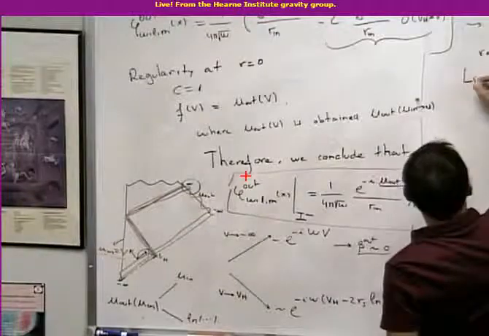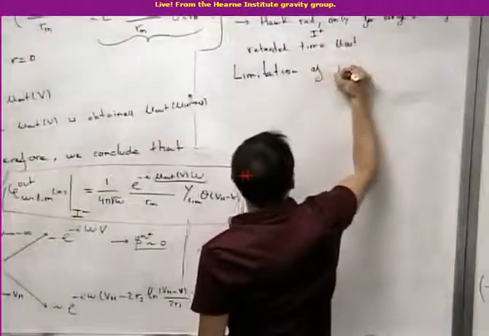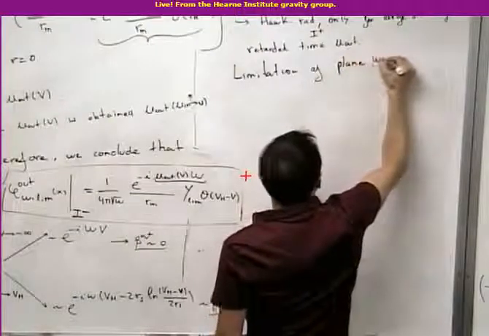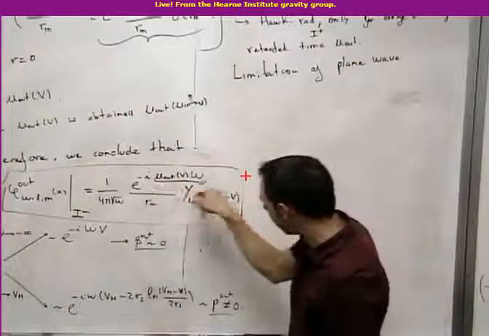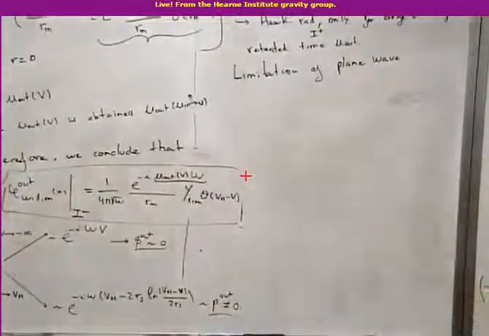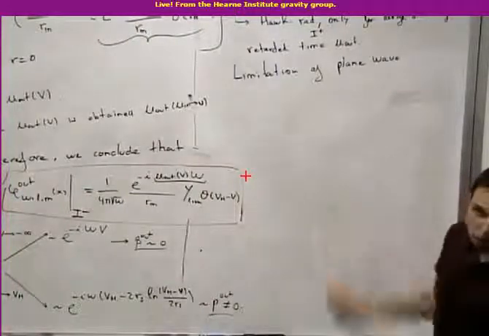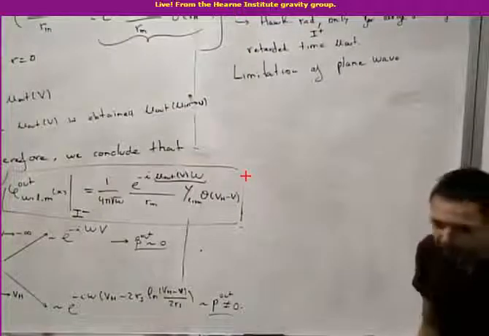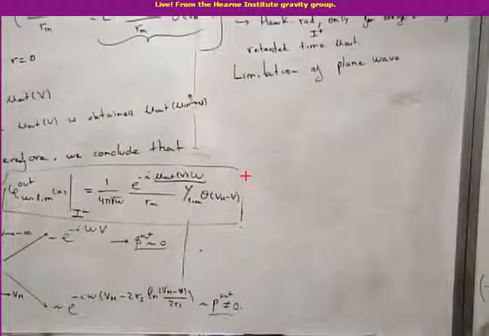We have to face the limitation of plane waves. When I say plane waves, I mean they are really spherical waves, e to the i omega u out, so they are defined everywhere. So I have two choices. I start working with wave packets, which is complicated because I have to add an integral in omega there, or do a kind of trick to simulate the late time behavior of modes, and keep working with plane waves.